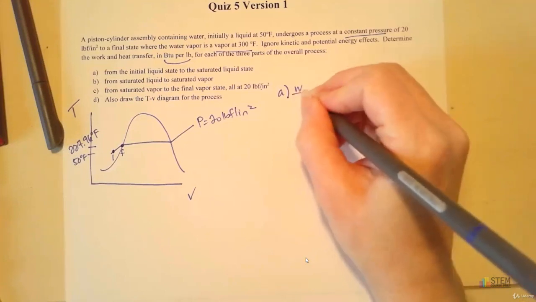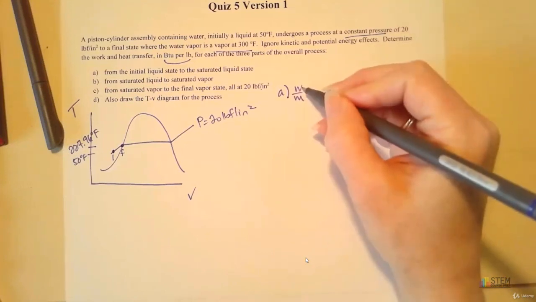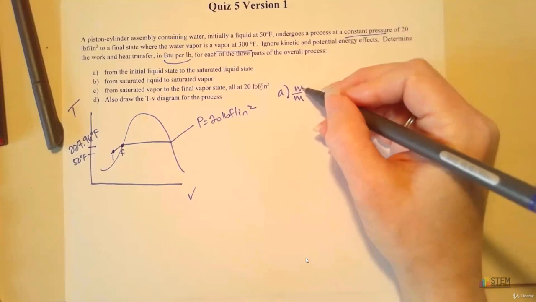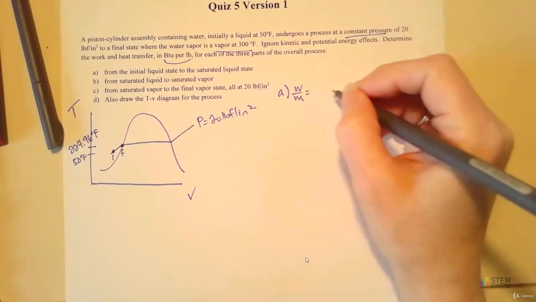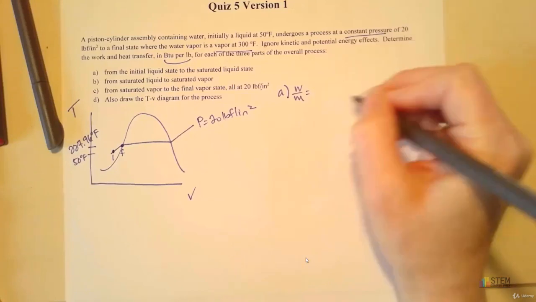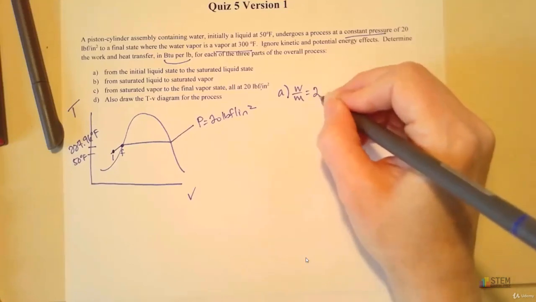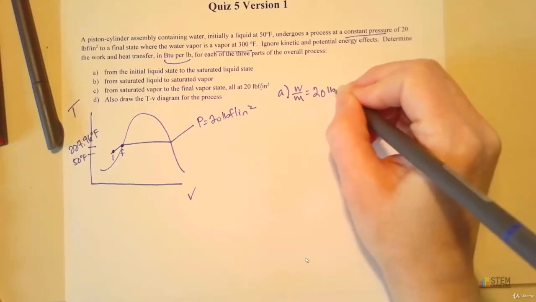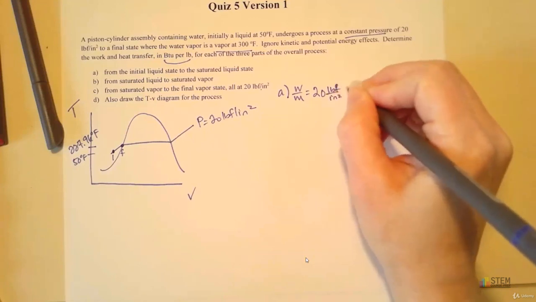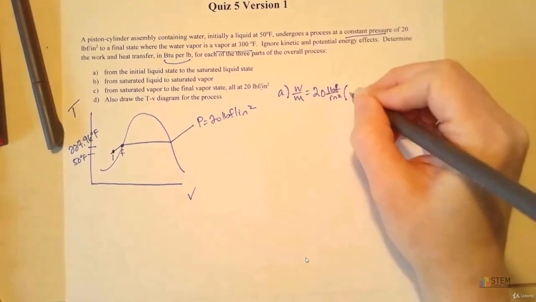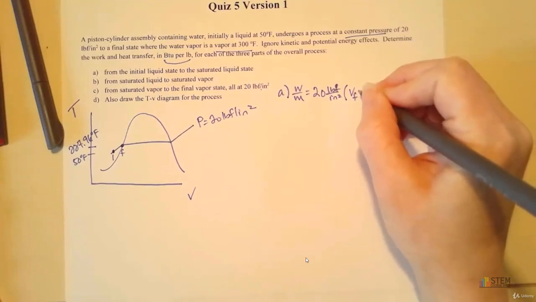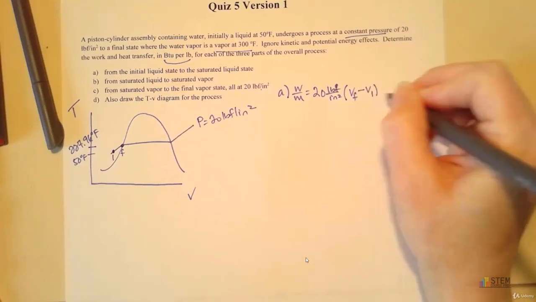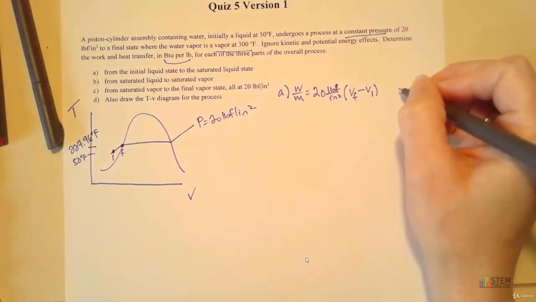And the units, it wants BTU per pound, so we want work over mass. What you're going to get here, if you went through and did the integrals and everything, is 20 for your pressure, multiplied by the volume change. So here we'll have specific volume at F minus the specific volume at 1.